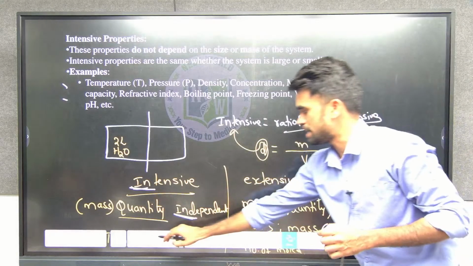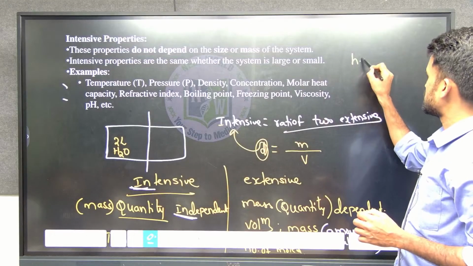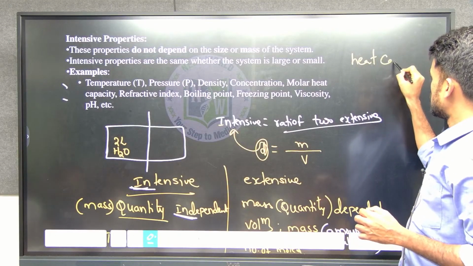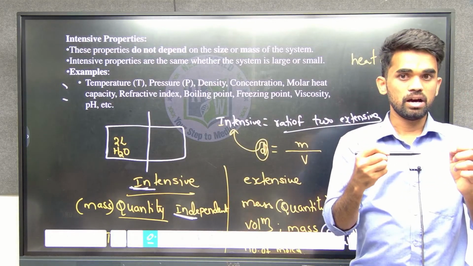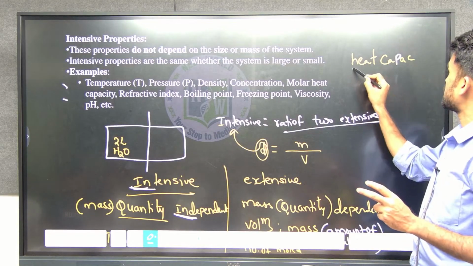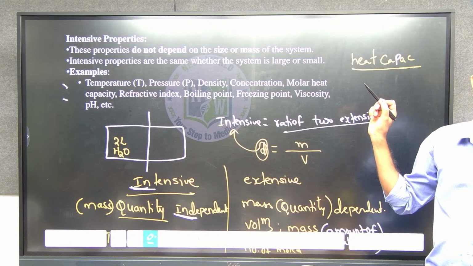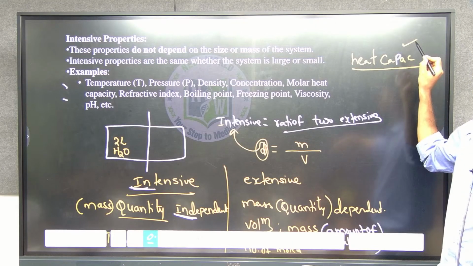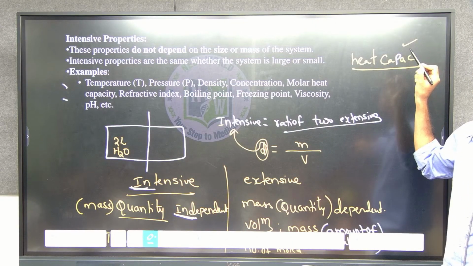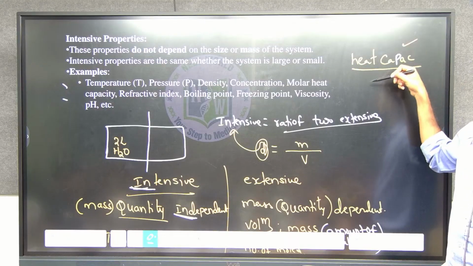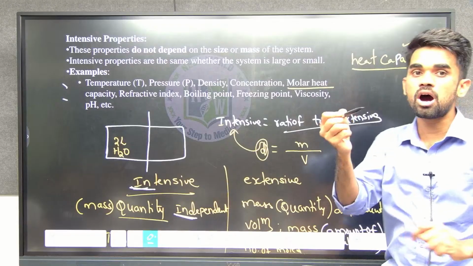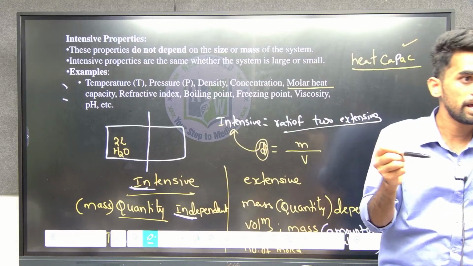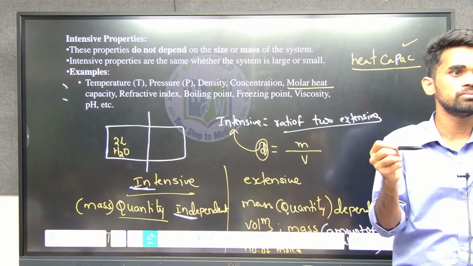If you see a term like this, heat capacity is extensive, but molar heat capacity is intensive, since it is the ratio of two extensive properties. Number of moles is also extensive. Similarly, volume is extensive, but if I say molar volume, it is intensive.